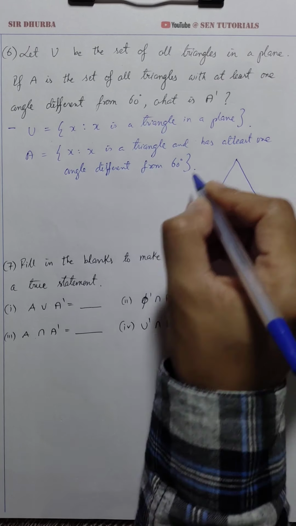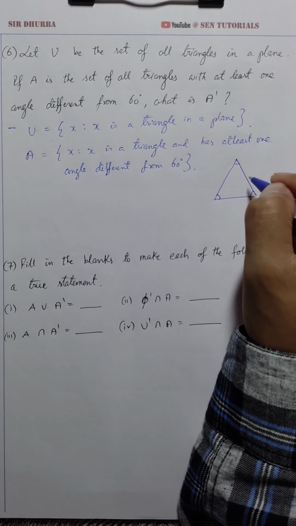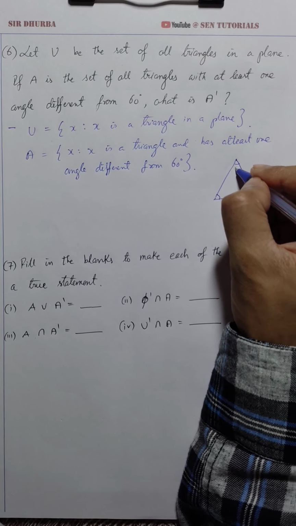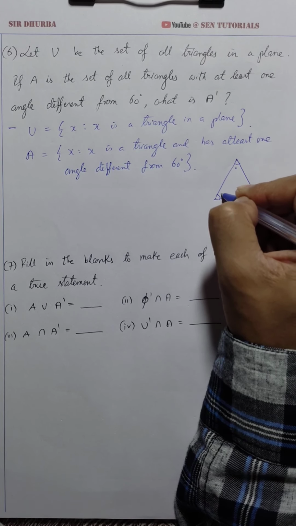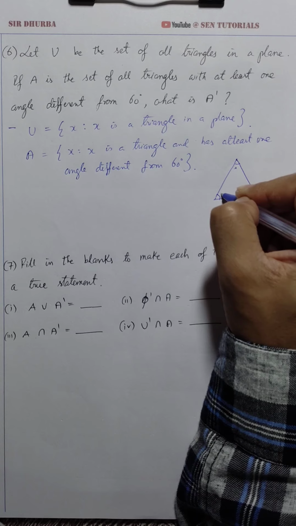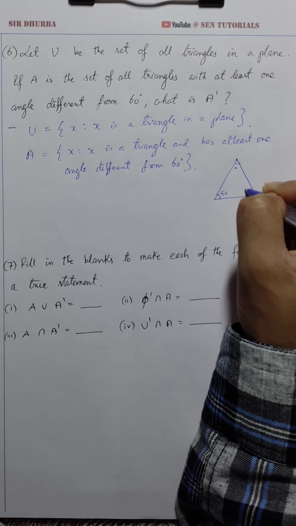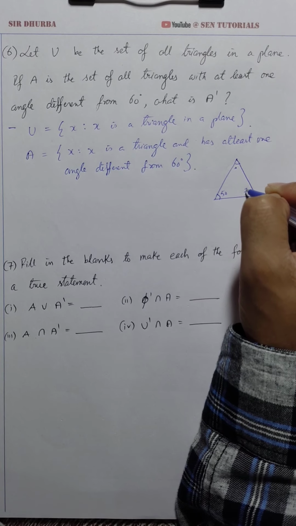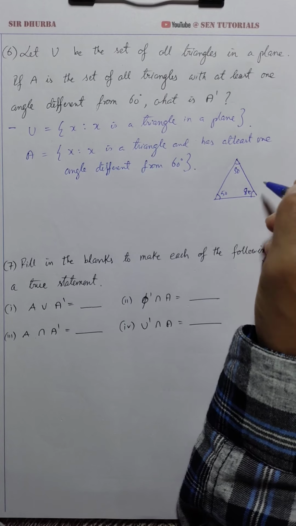The condition is that set A is a set which is comprised of triangles where at least one of the angles is different from 60 degree. At least, that means all the 3 can be different from 60, like 50, 80, 50, something like this also possible.